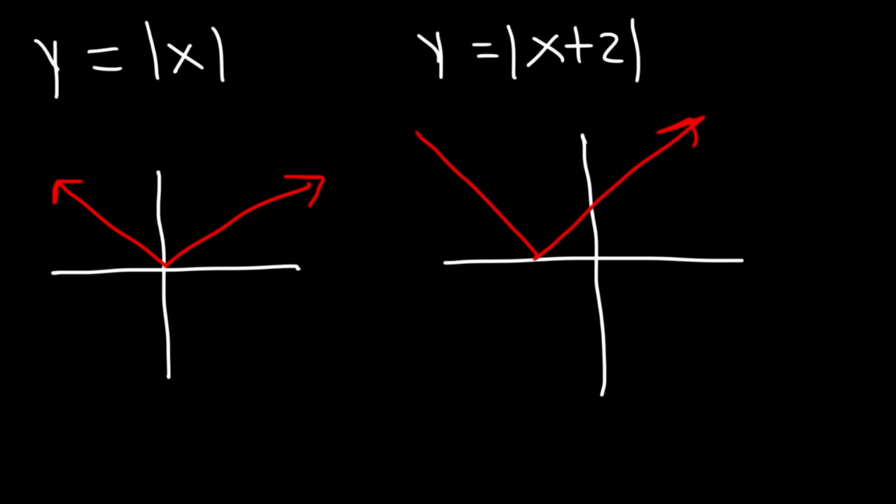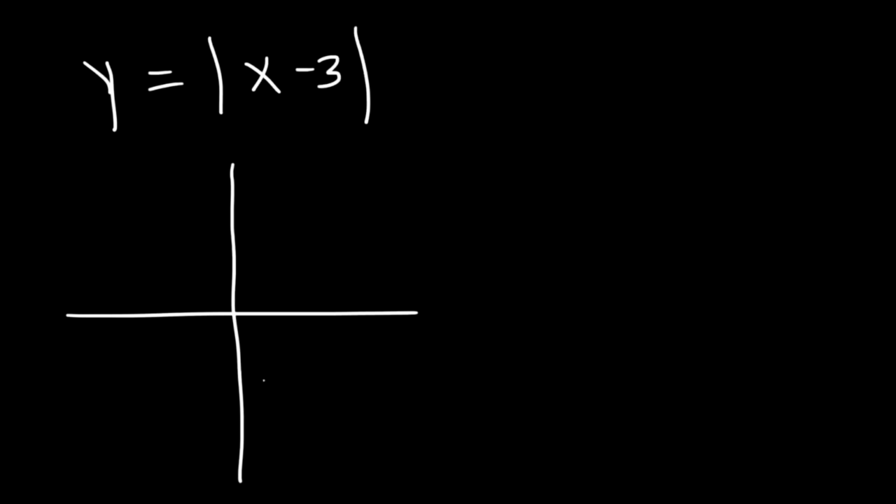So it's going to look like this. This point was at 0, and now this point is at negative 2. Now what about the absolute value of x minus 3? We're going to have the same type of function, but it's going to shift 3 units to the right. So it's going to look like that.